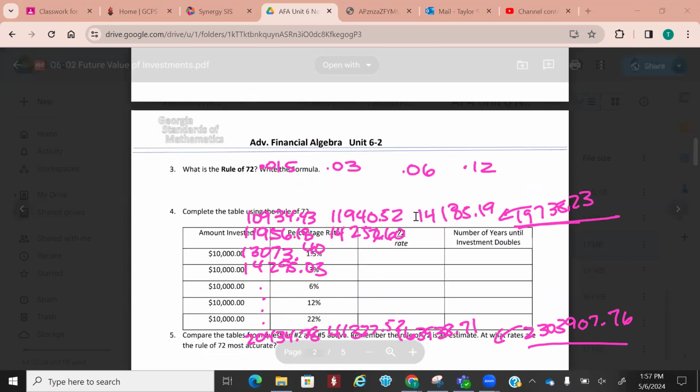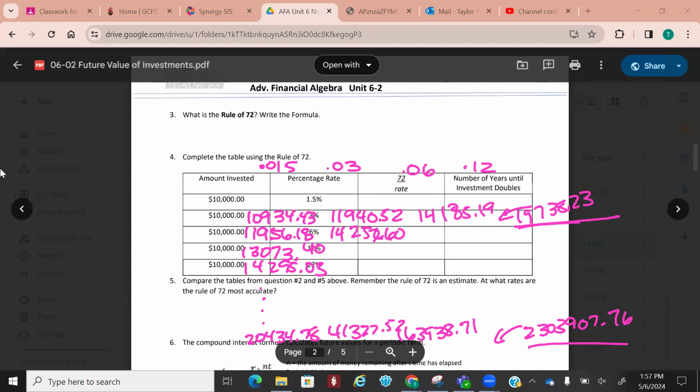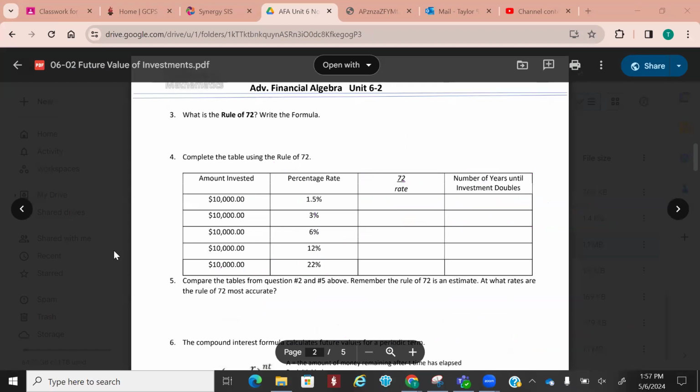Oh, great. So what is the rule of 72? The rule of 72 is that your time is equal to 72 over your rate. This is just a formula to approximate how long an investment will take to double.